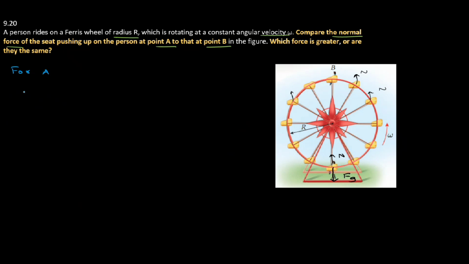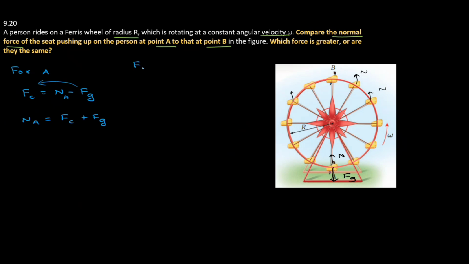So I can write an expression for centripetal force Fc as the normal force minus force due to gravity. I will write the normal force N here as Na to indicate that this belongs to point A. Then we rearrange the terms to write in terms of normal force. I will move Fg to the other side and we will get Na equals Fc plus Fg.